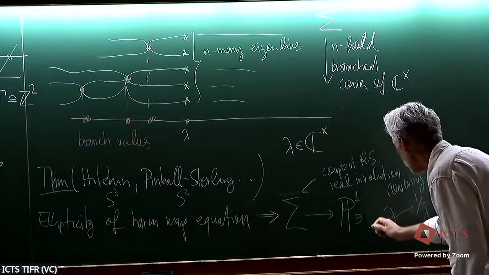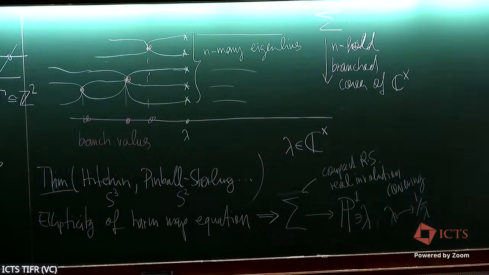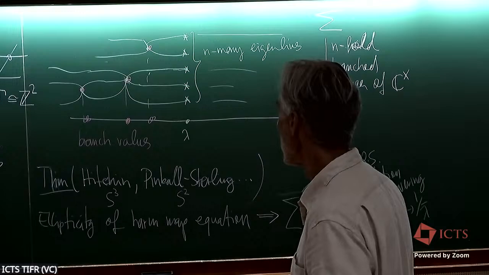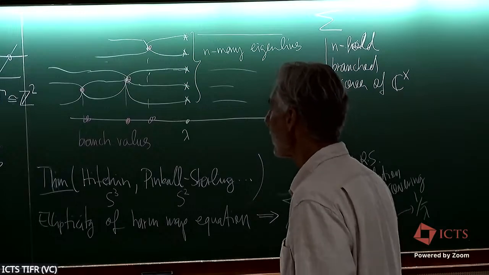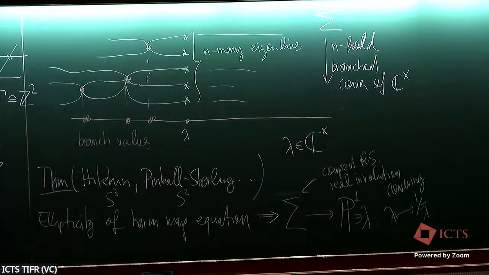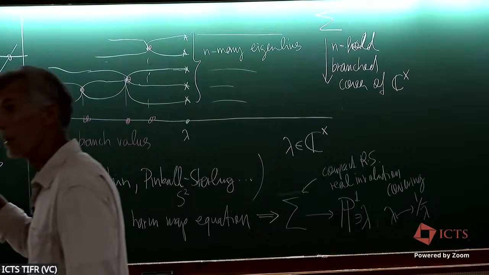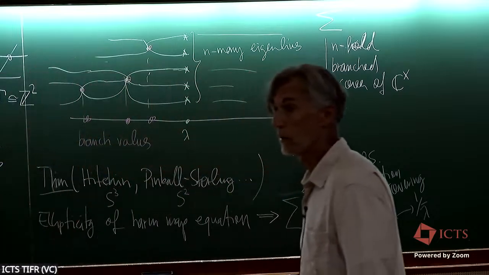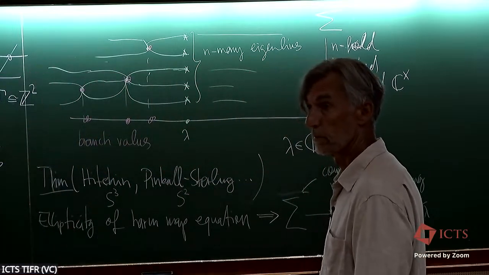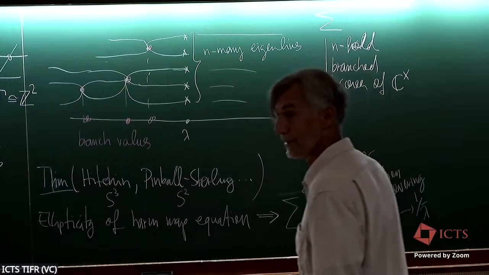Franz? Yes. Can you say a word about why you get the same Riemann surface if you choose R1 or if you choose R2? Well, commuting matrices have the same eigenspaces. So if it's an eigenline for R1, it's an eigenline for R2, and vice versa. Right? It's linear algebra. It's not deep.